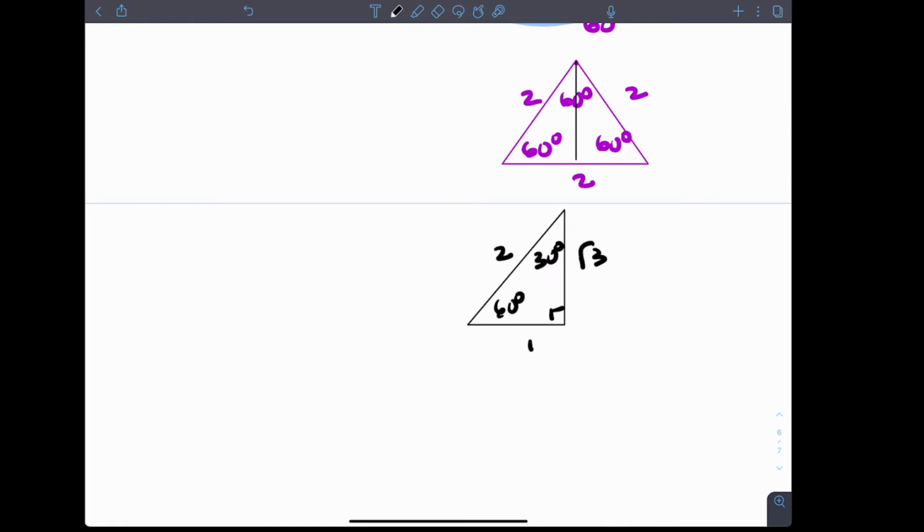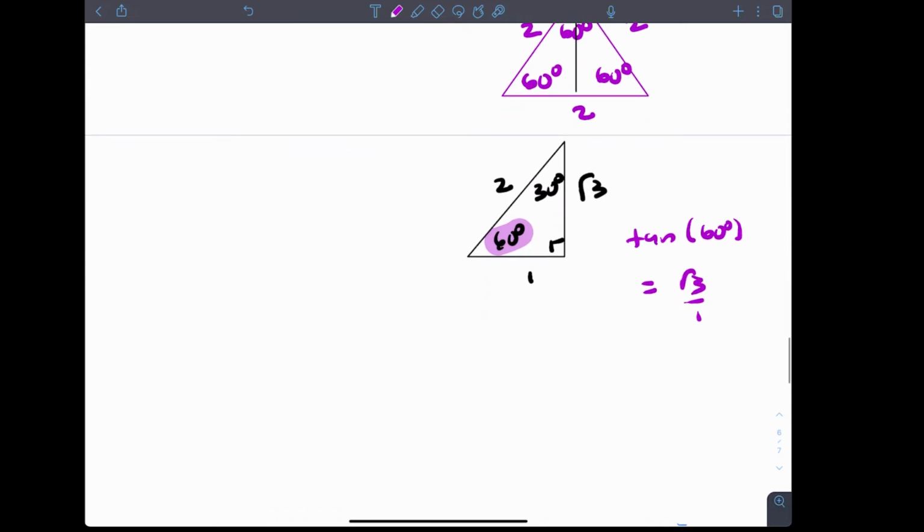What do we need to know? Tangent of what? What's tangent of 60? What's the definition of tangent? Opposite over adjacent. Isn't that the square root of 3? So this is tangent of 60 degrees, and it equals this value here.